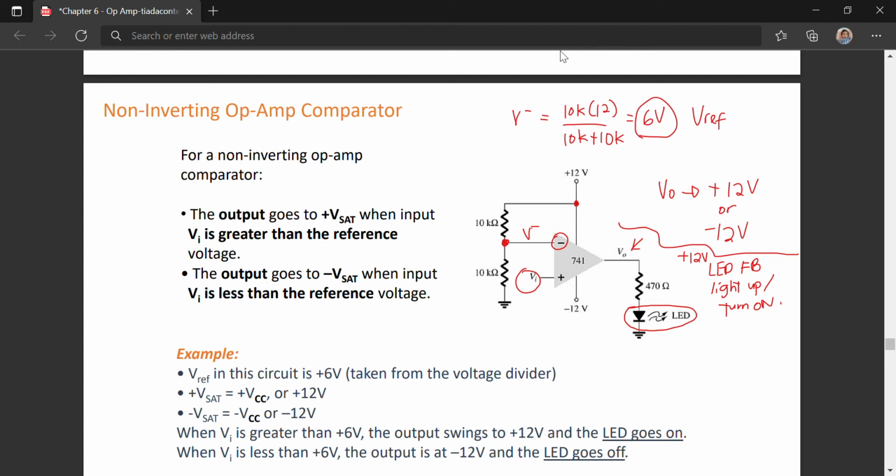However, when the Vout equals negative 12 volt, the LED is reverse biased. Therefore, it is turned off. So since your Vout is changing either positive 12 volt or minus 12 volt, therefore your LED will also either turn on or turn off. You can get a blinking LED.